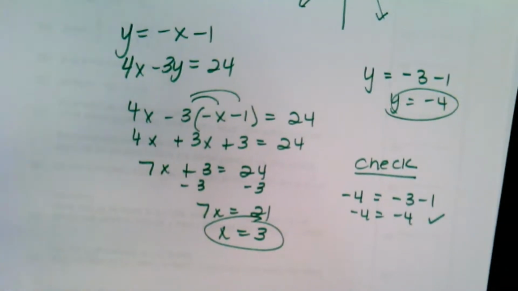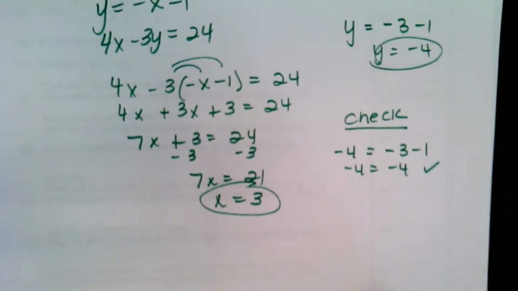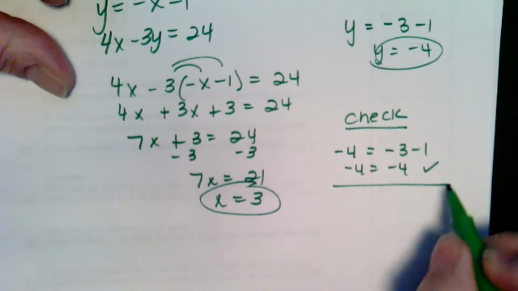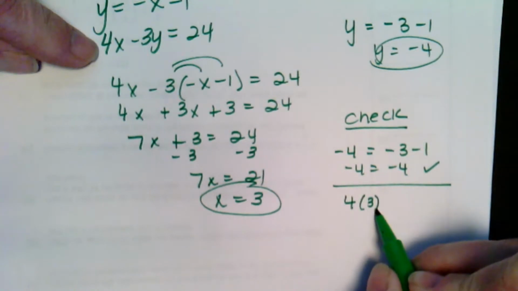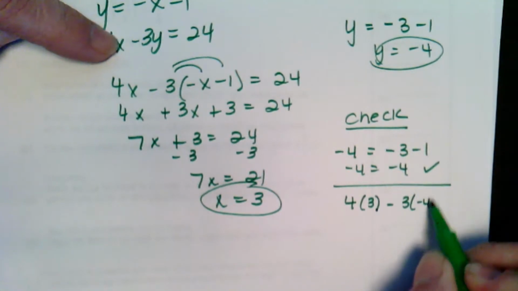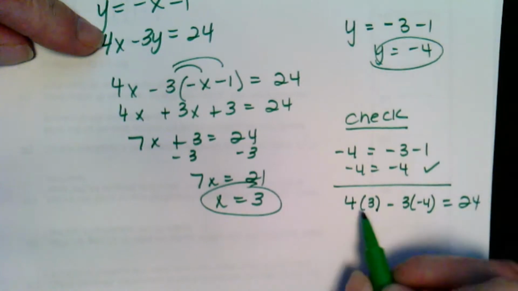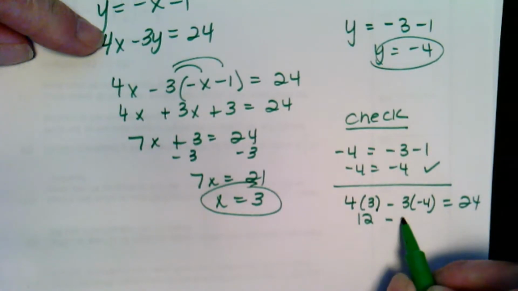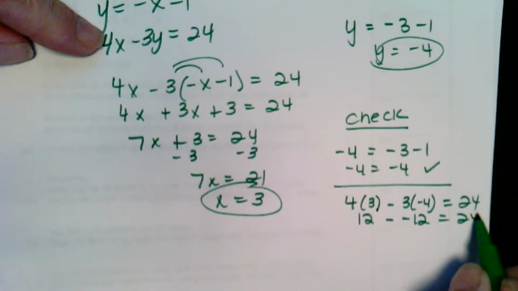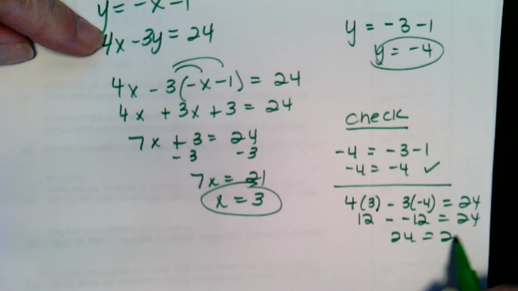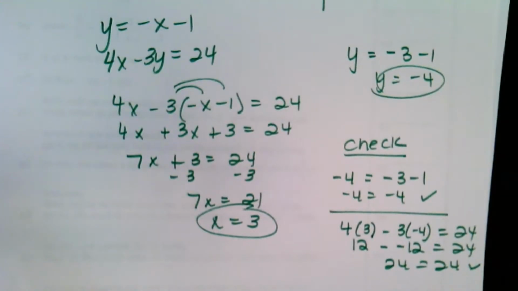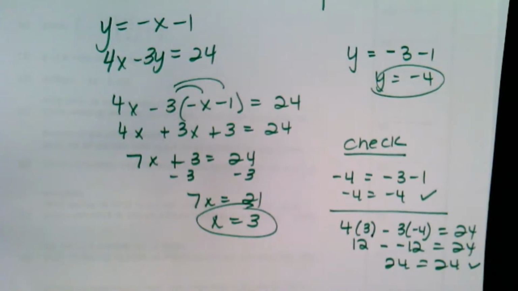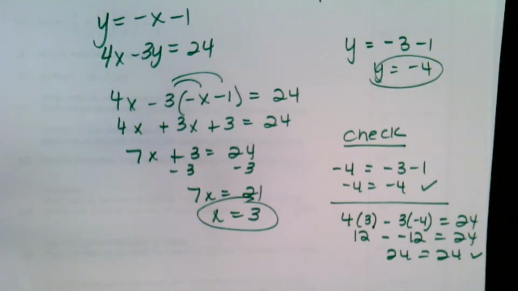Now they both need to work to check out for it to be a true answer. So 4 times 3 minus 3 times -4, and that should equal 24. This is 12. So we do get 24 equals 24. So that's the nice thing about these, is you can check yourself, especially if you're taking a test. It took me maybe not even a minute to check my work.